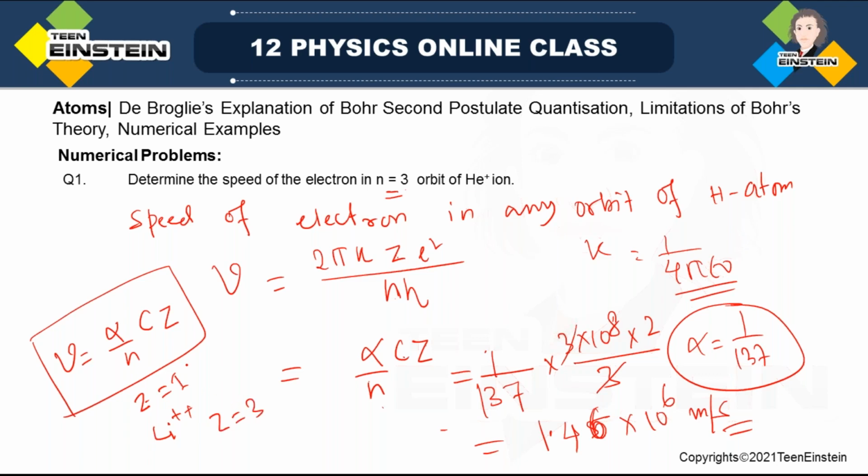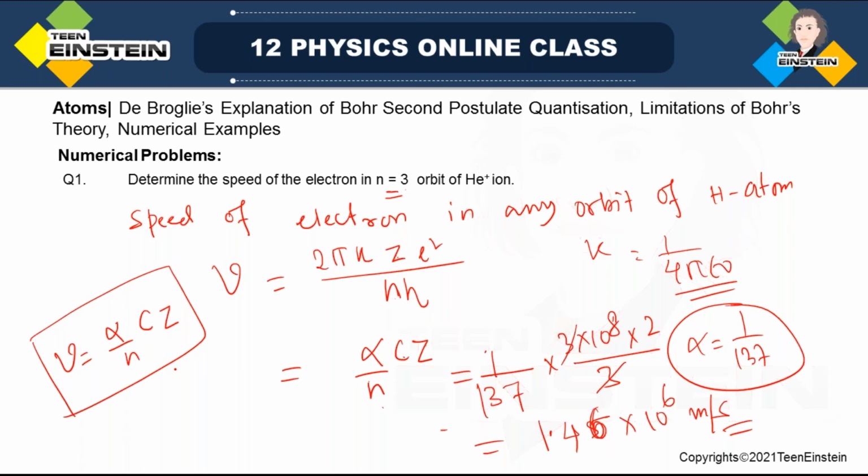Then you can calculate the speed for an electron in any orbit, n is equal to 1, 2, 3, whatever, and this Z has to be taken carefully. If it is lithium doubly ionized, then you have to take 3. Beryllium triply ionized, you have to take how much? 4.